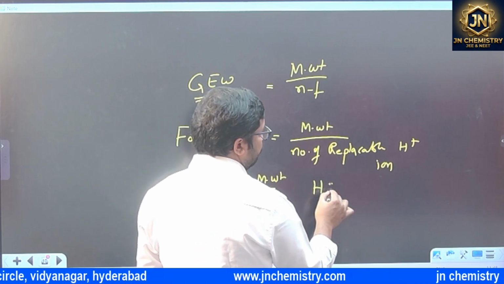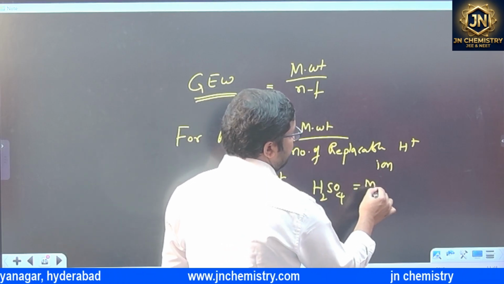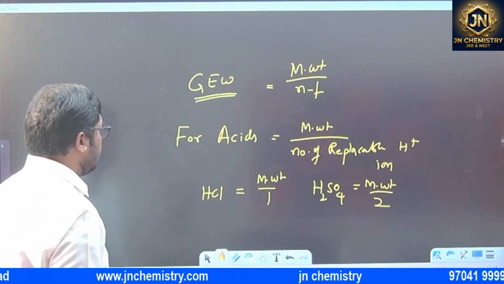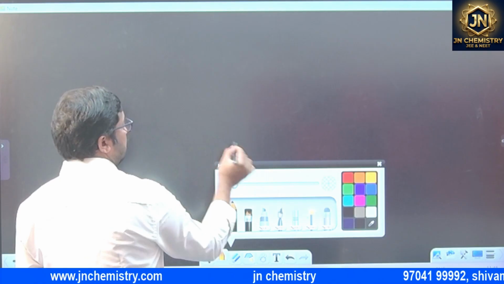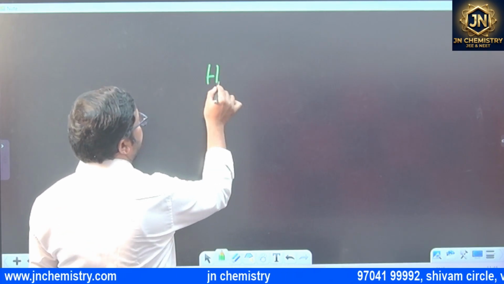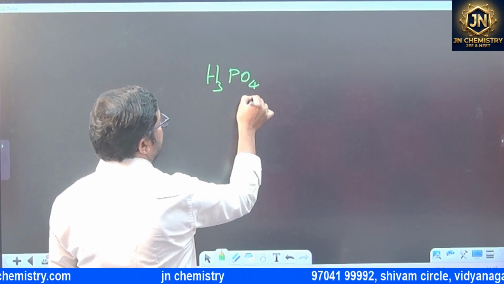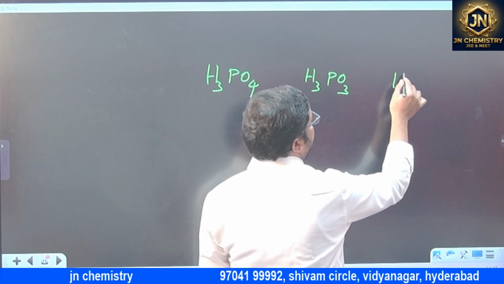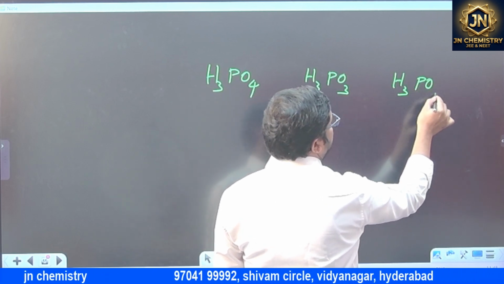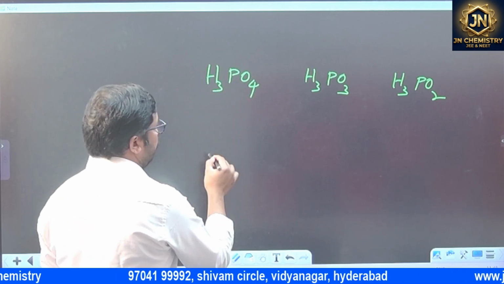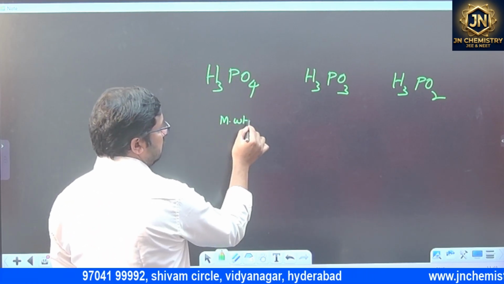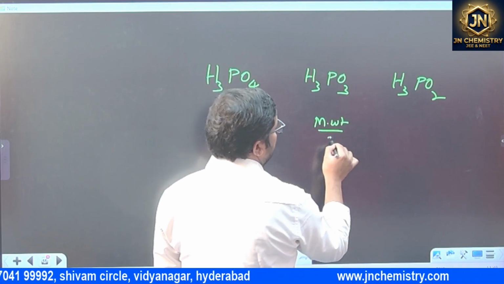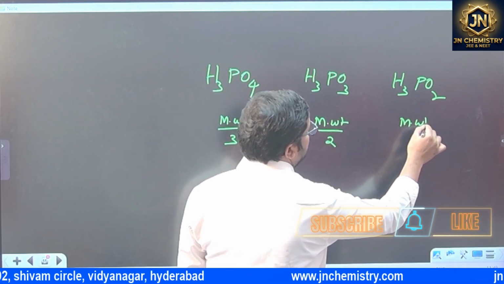H2SO4, molecular weight by 2. This is important. H3PO4, H3PO3, H3PO2. H3PO4 is molecular weight by 3, here molecular weight by 2, here molecular weight by 1.